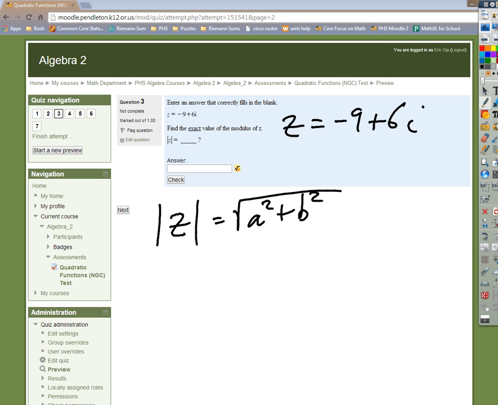The only place you could screw this up is if you didn't correctly identify what a and b are. Well, what's a? -9. What's b? Is it 6i or 6? You're right. It's just 6, because this is a complex number we always write as a plus b times i. b is the coefficient of i.